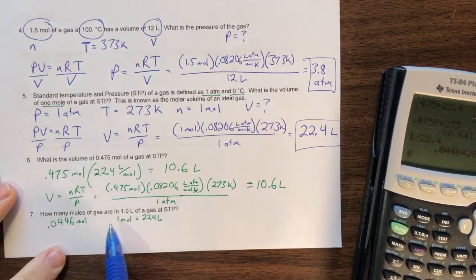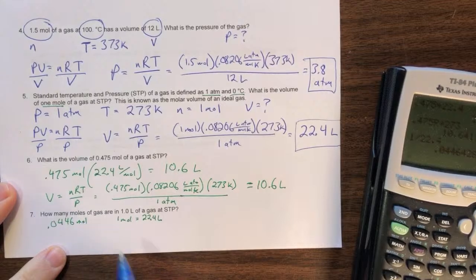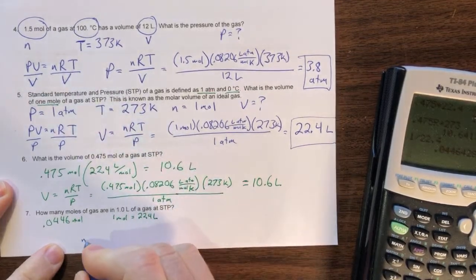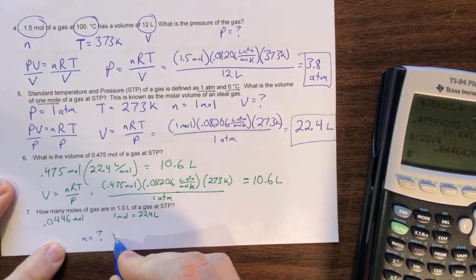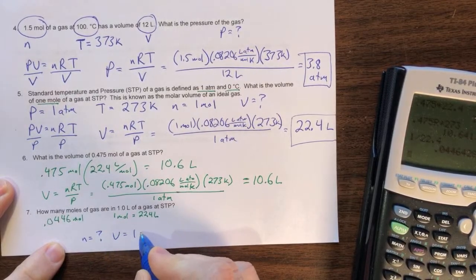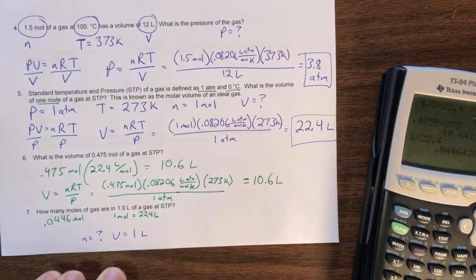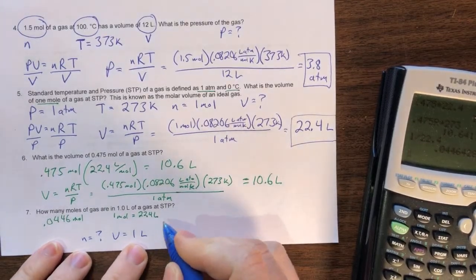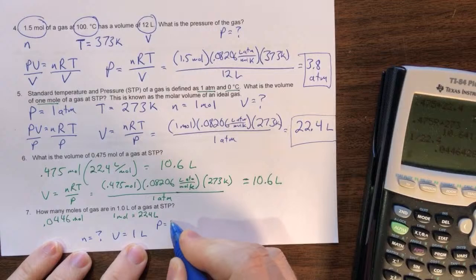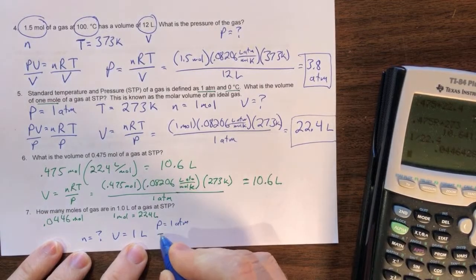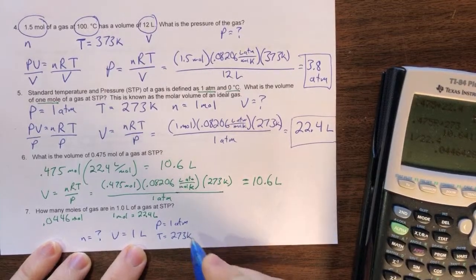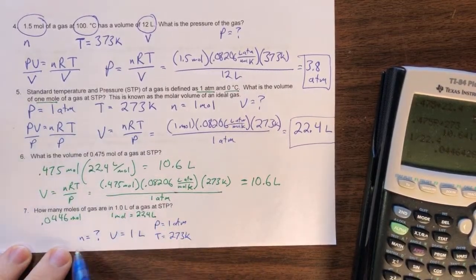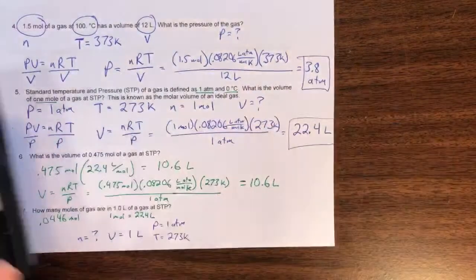All right. We're solving for moles, so we want to know n. And we know the volume, it's 1 liter. And we know standard temperature and pressure: the pressure is 1 atm and the temperature is 0 degrees Celsius, or 273 Kelvin. With this information, you can solve for n.